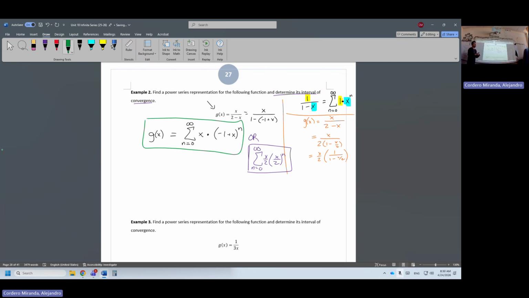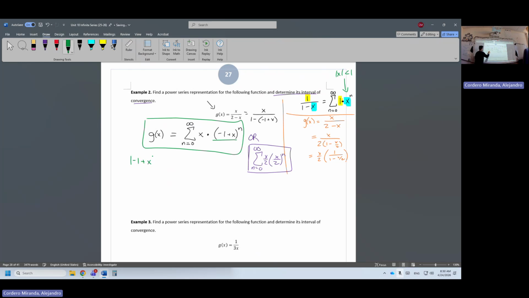But the interval of convergence for any geometric series, remember, this will converge as long as x is less than 1, or really the absolute value of x is less than 1. That's just always true for geometric series. So since I wrote a geometric series here with the ratio being what I'm underlining in green, I just need that underlined thing to be less than 1.